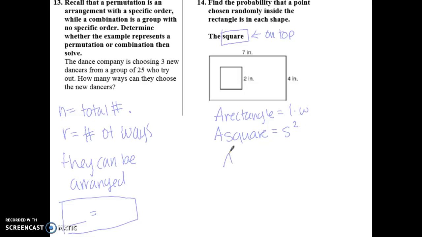So whatever you get for the area of your square, divided by the area of your rectangle. Then you just put those in the calculator, and you're going to get a decimal. Do leave that in decimal form, but once you do, box your answer so I can see it.